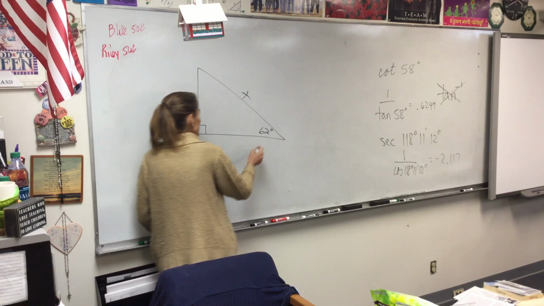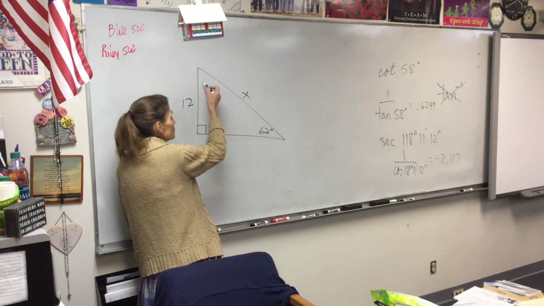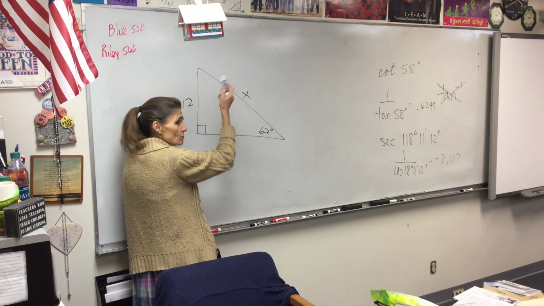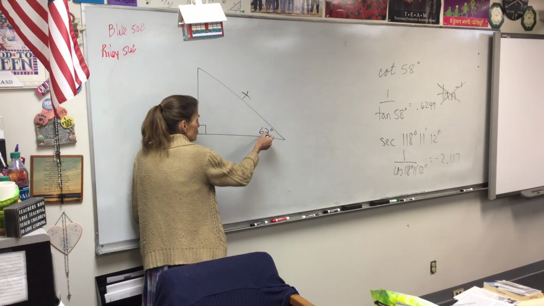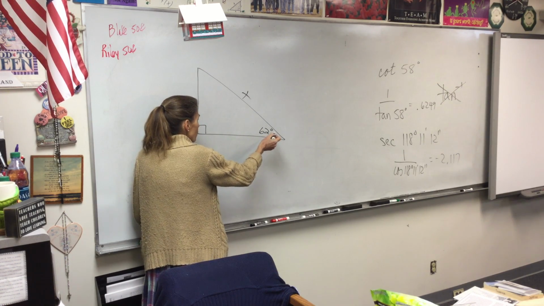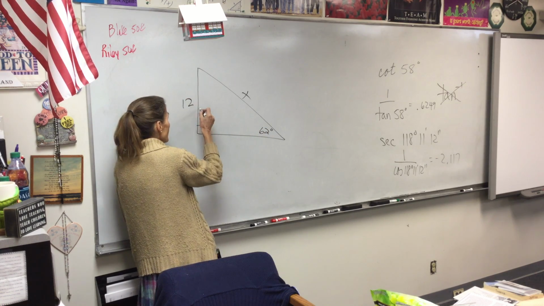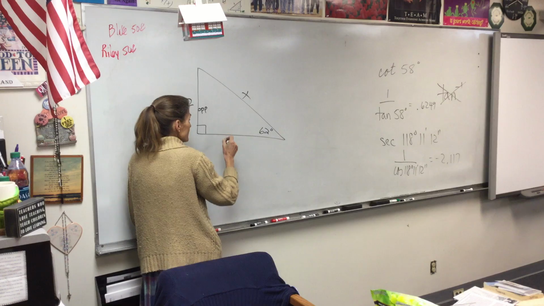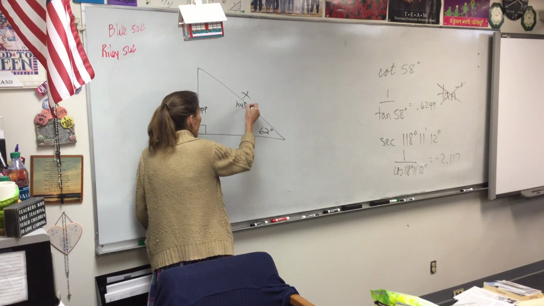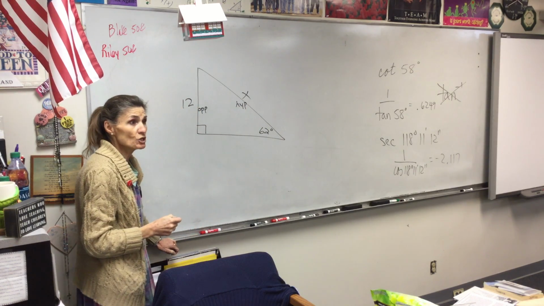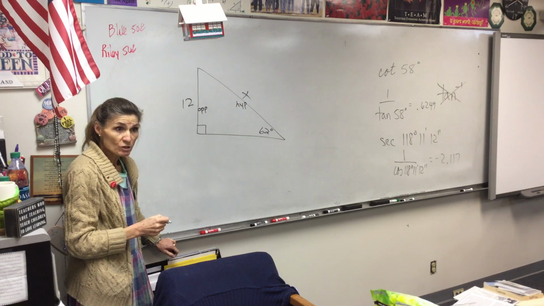With regard to the angle that you know, and I know you can figure this one out. We could do that, but why? Let's just use the one we know. With regard to that angle, which side is this? Opposite. And which side is this? So I could write an equation using which function?